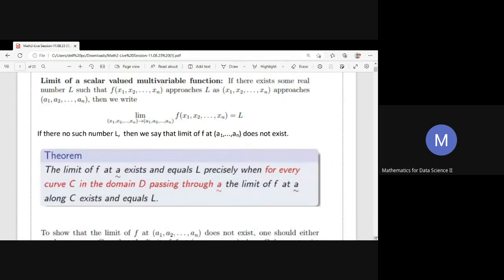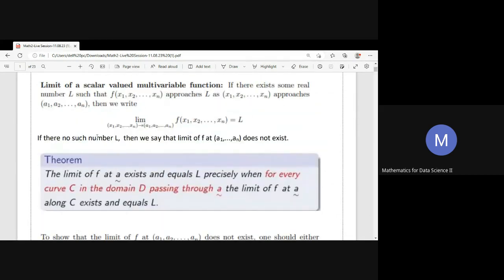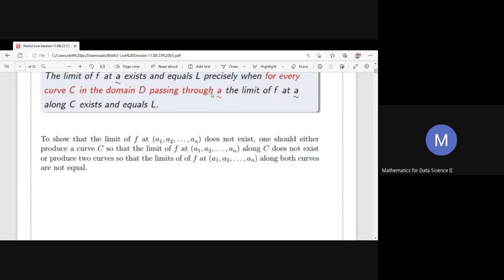For calculating the limits, this is the definition for the limits of scalar valued multivariable functions. But particularly, what we saw was how to use this definition to say that something does not have a limit.